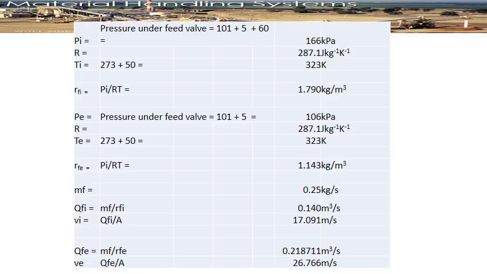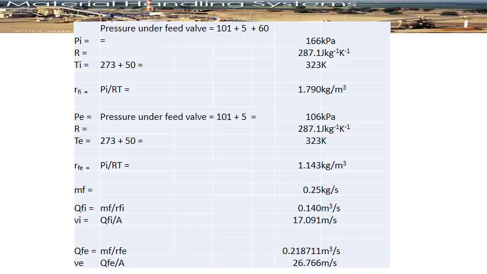The R value is given. For TI, we have to change the temperature from degree into Kelvin. So it's 273 plus 50, which is equal to 323 Kelvin. Now to find the density, which is 1 over the specific volume, we said that the pressure multiplied by the specific volume is equal to the gas constant multiplied by the temperature.